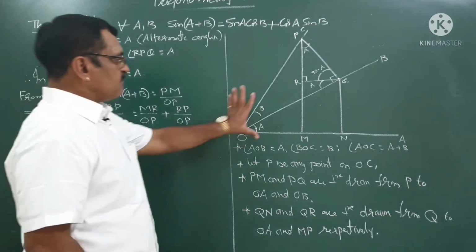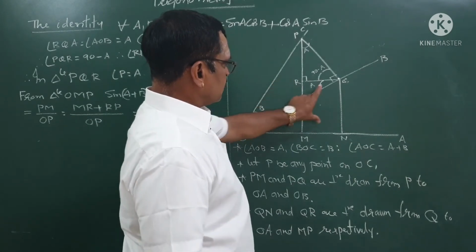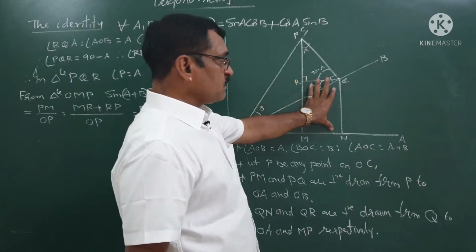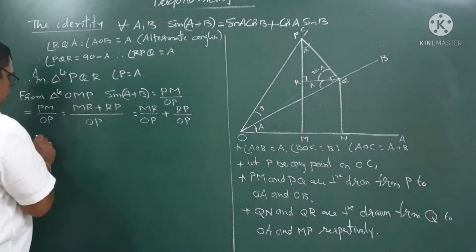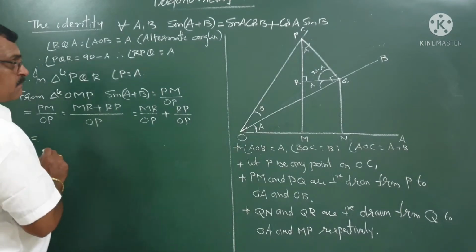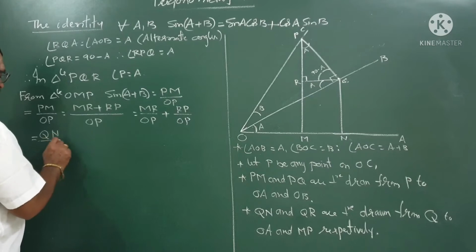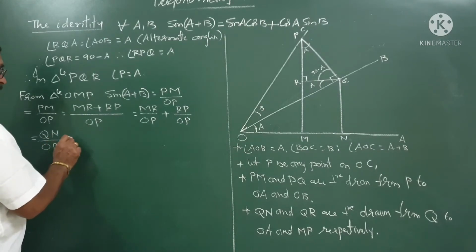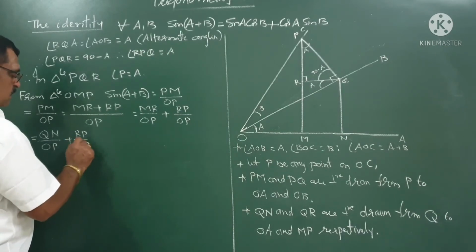Now, my MR is equal to QN. So I can write QN by OP plus, of course, I don't touch RP by OP.